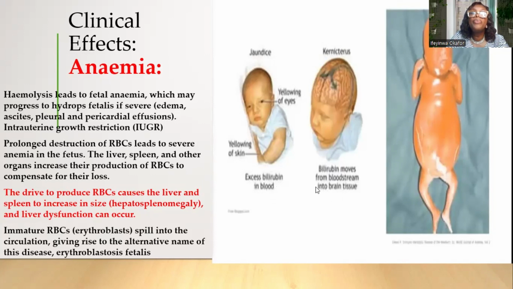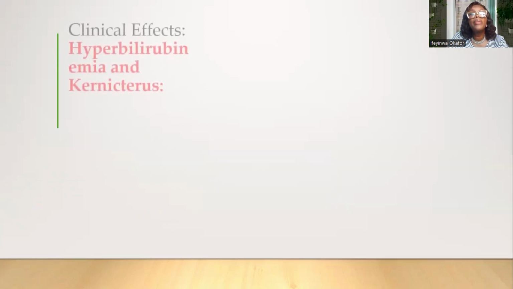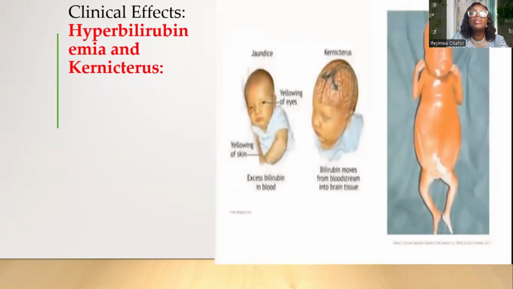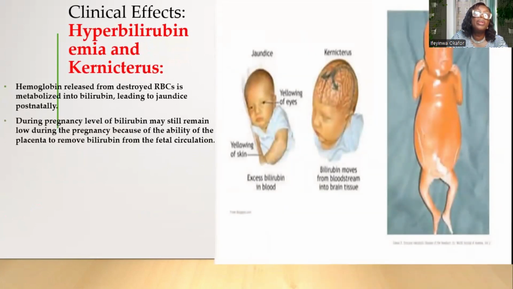And then bilirubin, when it moves from the baby's circulation and tries to cross the blood-brain barrier, can also cause permanent neurological damage to the baby, which cannot be reversed. Another critical effect of hemolytic disease of the newborn is what we call hyperbilirubinemia and then kernicterus.